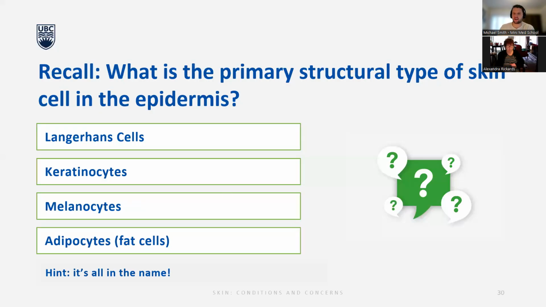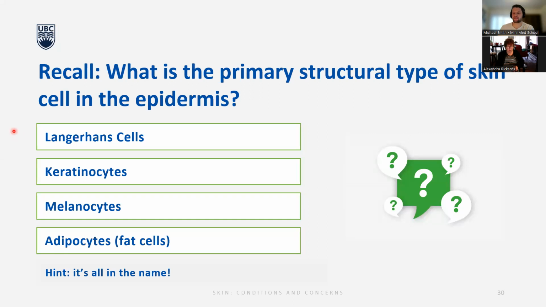So I'm going to start another poll. Let me just get that going. If you are able to recall, what is the primary structural type of skin cell in the epidermis? I'll give you about 30 seconds to answer or so. We have a few options here: Langerhans cells, keratinocytes, melanocytes, and adipocytes.